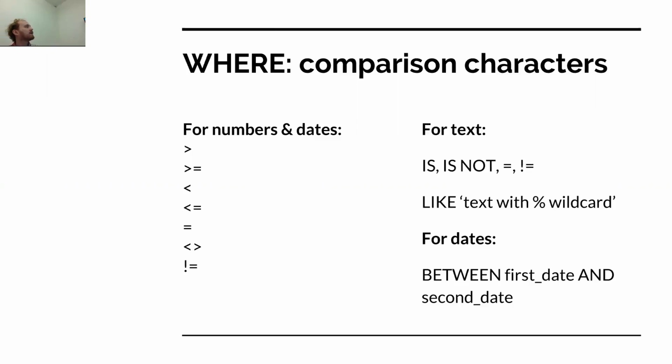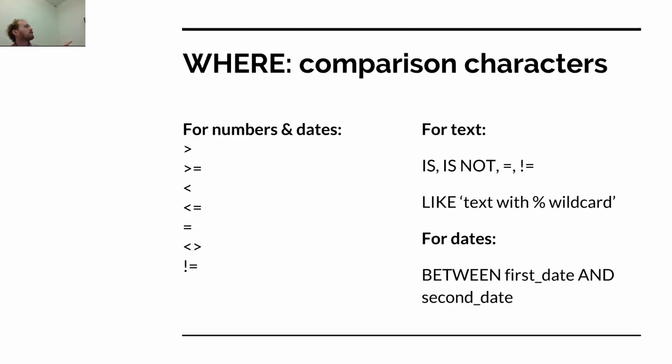For text, you can use equal or not equal to. That's perfectly fine as well. You can also do is or is not, which I find a little clearer because it makes it obvious that you're doing a text comparison rather than a math comparison.